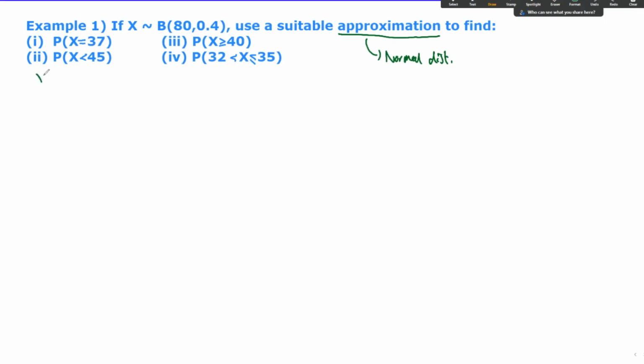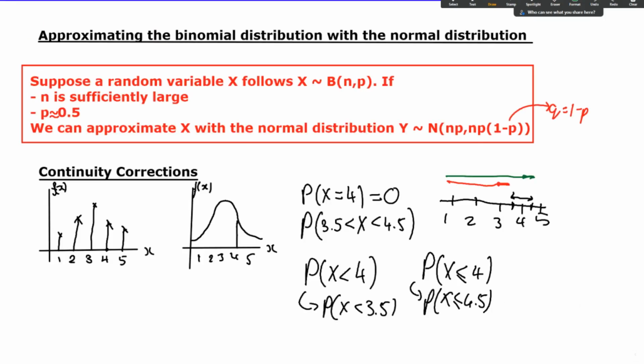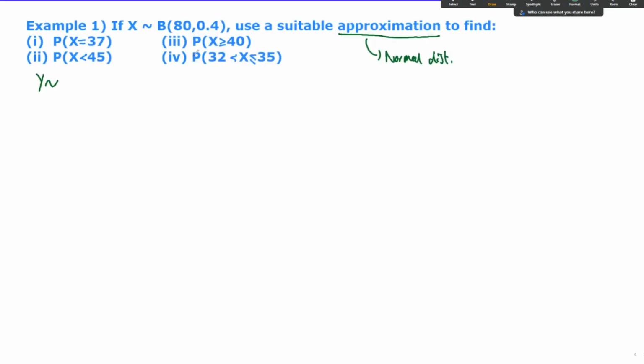We want to get a normal random variable y with mean np and variance np times by 1 minus p. So what we'll get is, well, n times p is 80 multiplied by 0.4, which will give us 32.